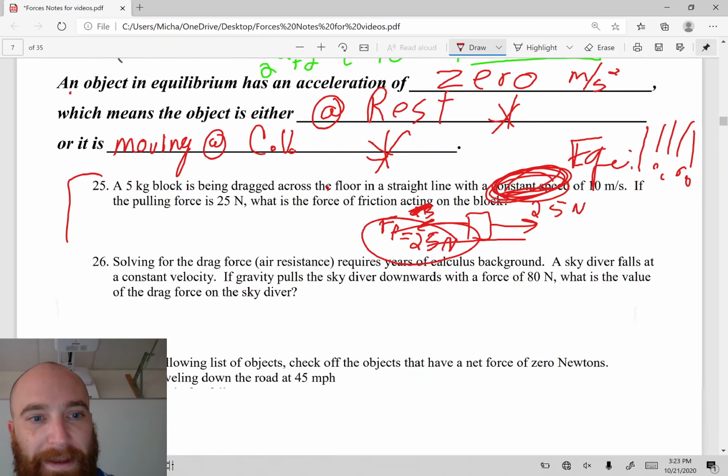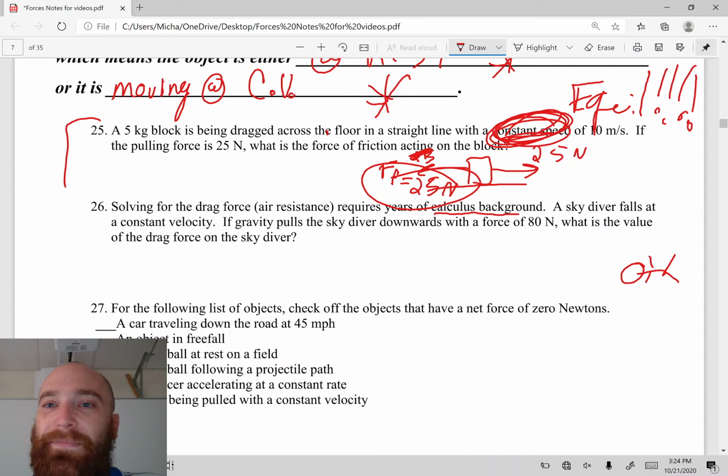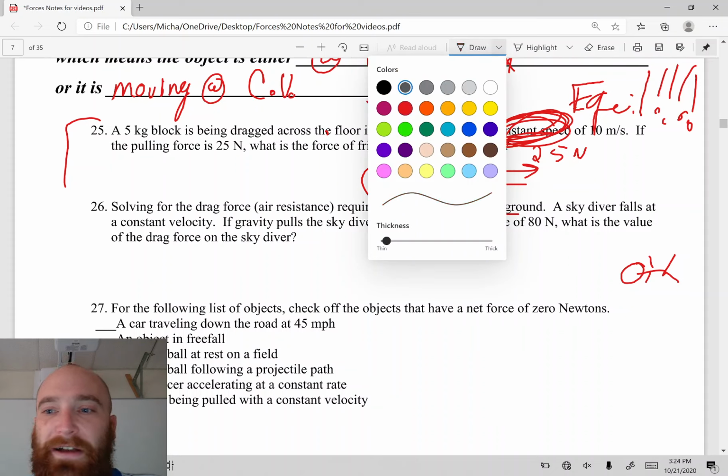Moving on. Solving for air resistance. Solving for the drag force or air resistance requires years of calculus background. Which, if you're interested in learning about that, sign up for the AP Physics with Calculus course. A skydiver falls at a constant velocity.